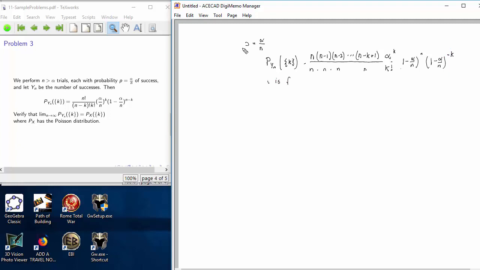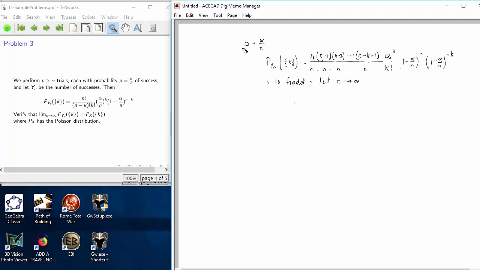K is fixed, and I'm going to let n approach infinity. Okay, what have we got? Well, here's a nifty rewrite. N over n is 1.